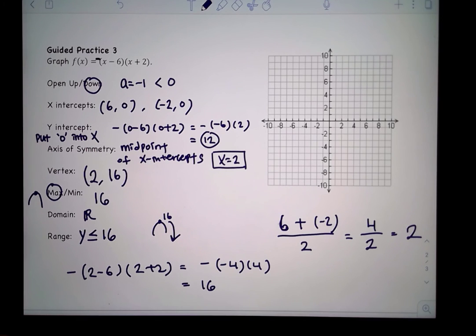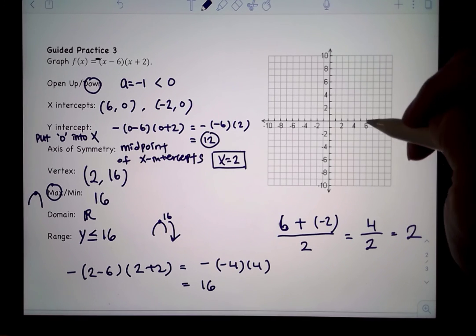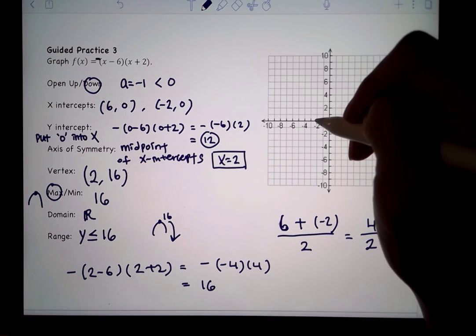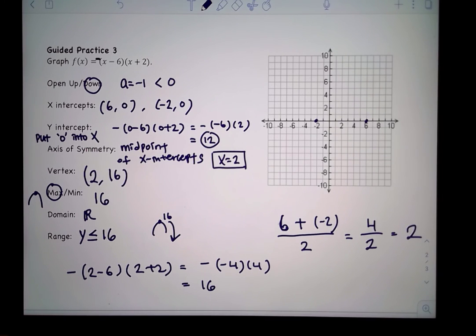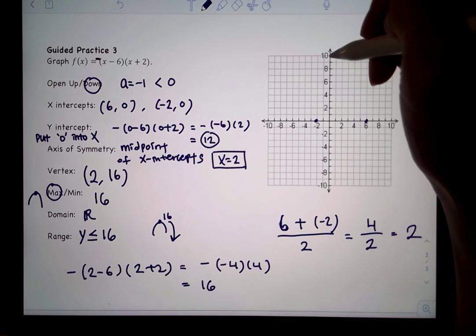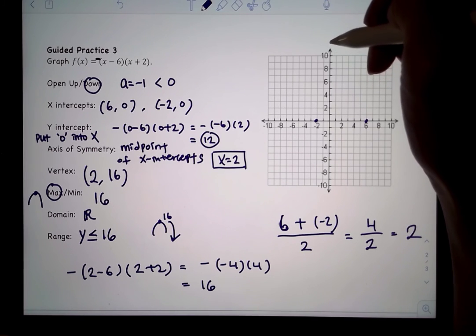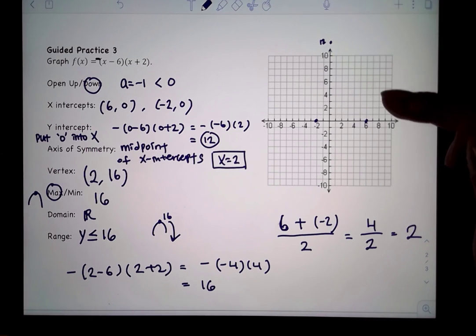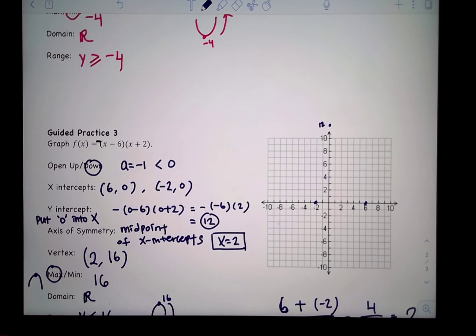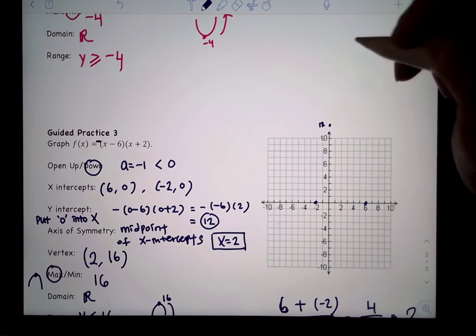Okay, and now let's sketch. So my x-intercepts are 6 and -2, right? And my y-intercept, that's 12. Oh, that's 8, 9, 10, 11, like probably here 12. So this is my y-intercept, and it's up to 16, right?